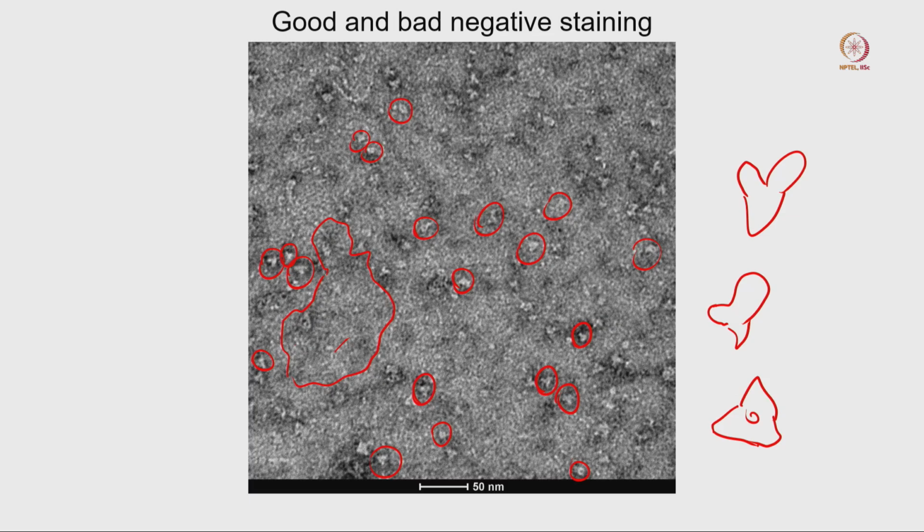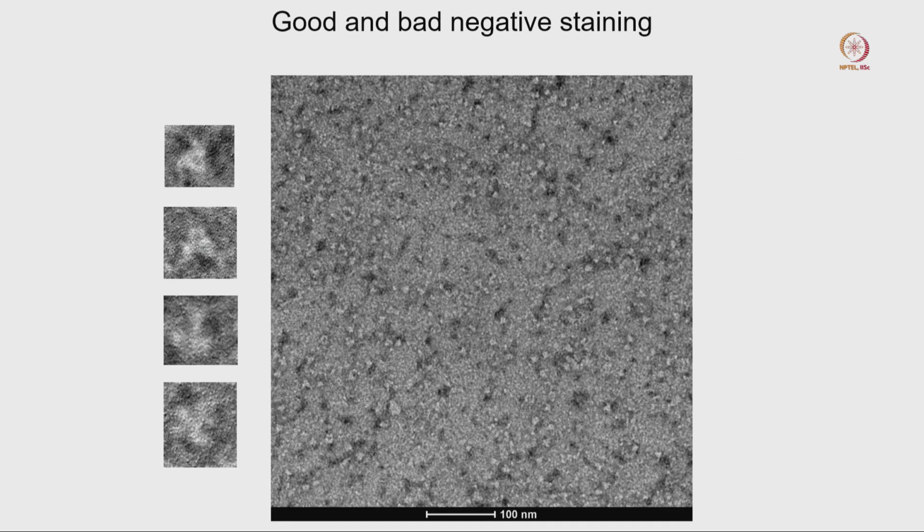If your sample is looking good, then you can compare whether my images are looking good or bad. So in the next image, if I just go, you can see a similar kind of image, where I can also circle a couple of protein molecules. That gives us some idea that we are expecting this kind of triangular shape molecules.